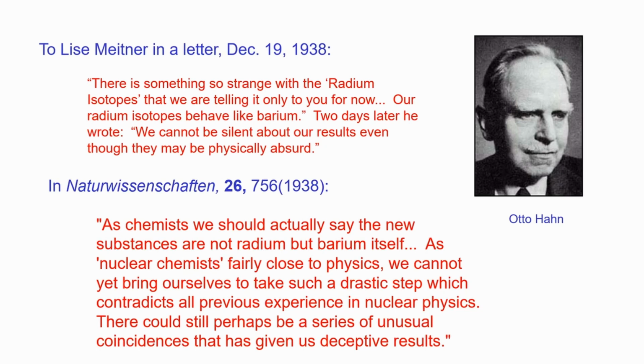He initially only talked with Lise Meitner, who was his partner for many years, but she escaped Germany because she was Jewish, and she basically left with the clothes on her back and was in Sweden, and he stayed in contact with her. But then he said, well, I'm really going to have to publish this.